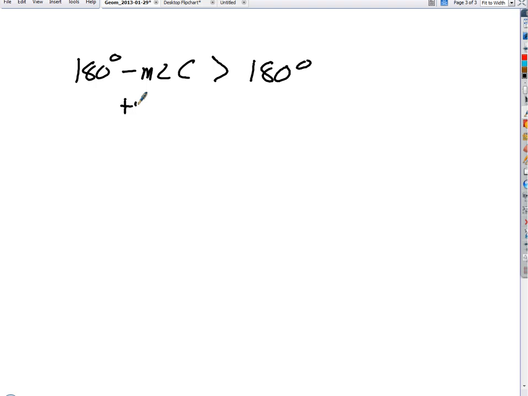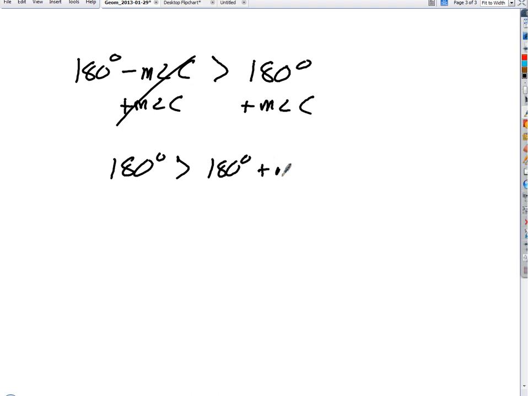So let's add the measure of angle C to both sides. That gives me 180 degrees is greater than 180 degrees plus the measure of angle C.